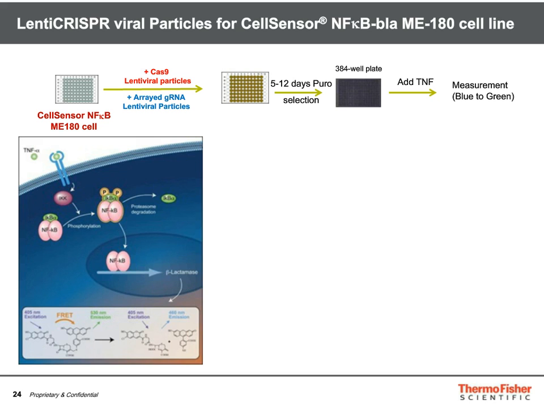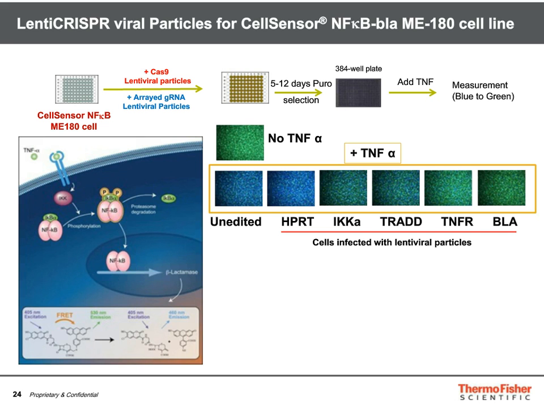One thing we did first is look at the cells, obviously. Without TNF-alpha, the cells are green as expected, so the pathway is inactive. Once we stimulate the cells with TNF-alpha, the control cells, the unedited cells, or cells with a CRISPR directed toward an HPRT gene, which is not associated with the signaling pathway, are blue as expected.